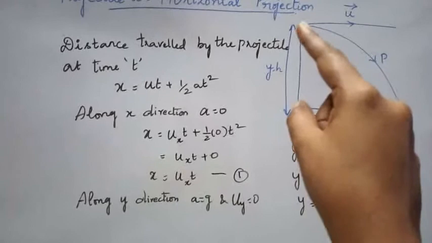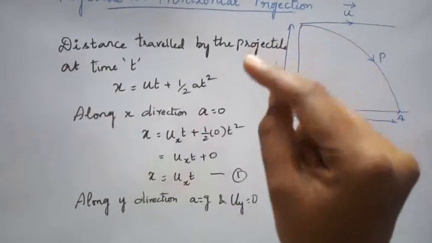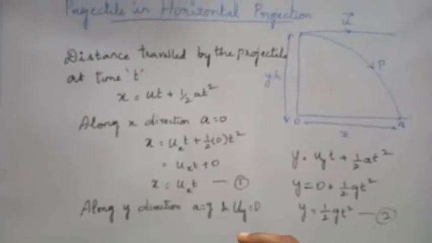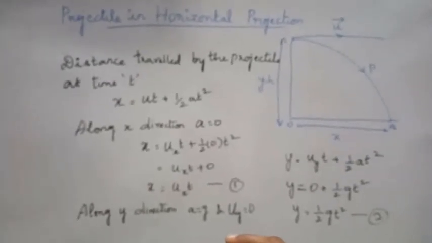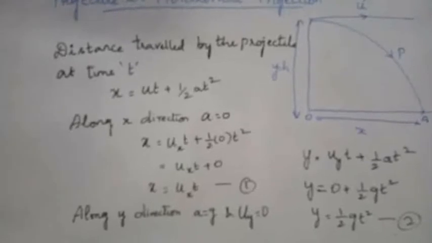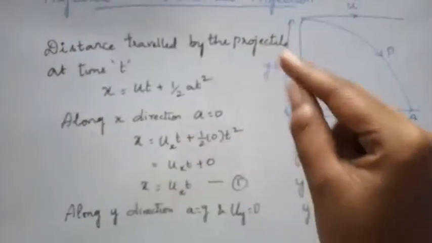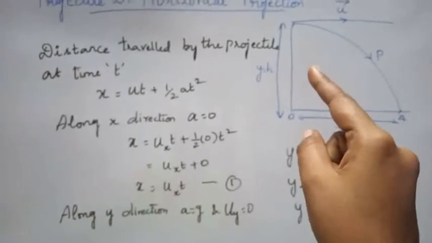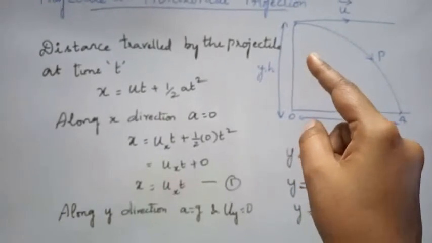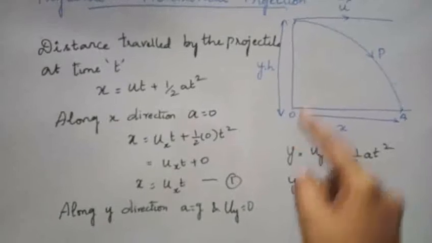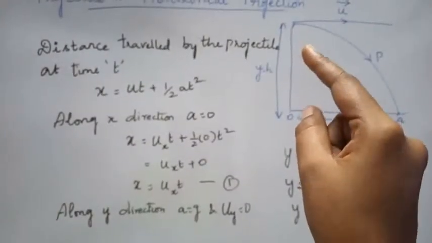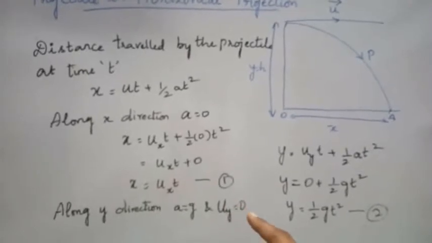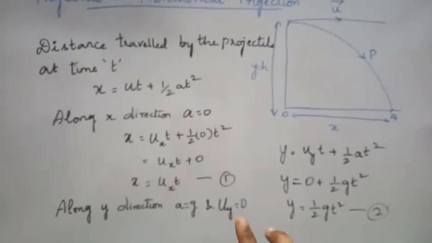When you drop an object from here, it moves along the x direction for some time with the initial velocity, and then drops down. So uy, the initial velocity along the y direction, will be 0.